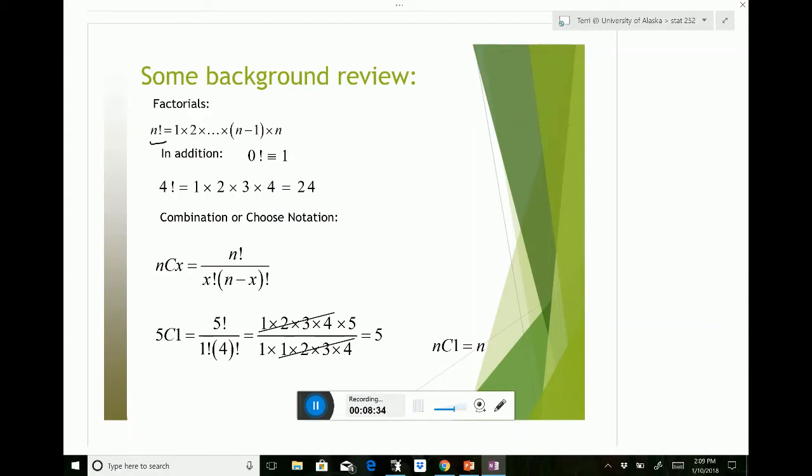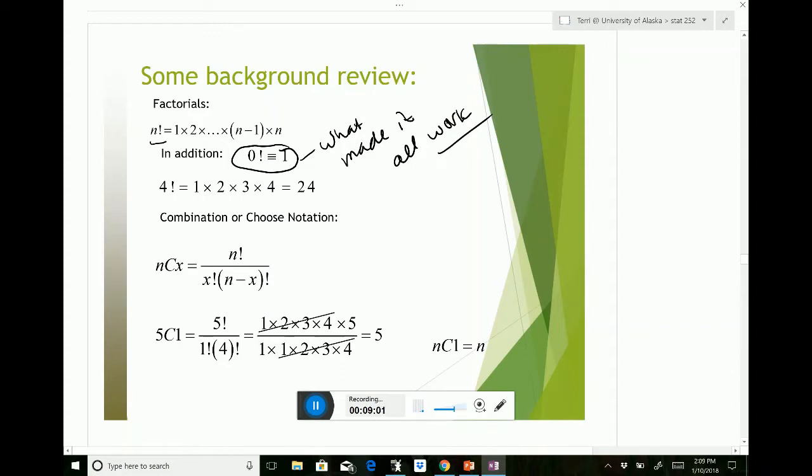So we have 1 times 2 times and so on, times n minus 1 times n. 0 factorial is kind of weird, it's just defined as 1. Don't ask too many questions about that. That's just what made it all work.